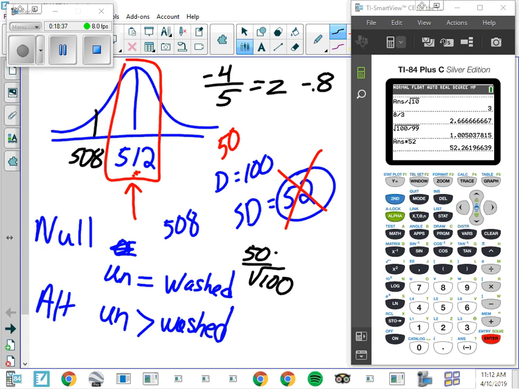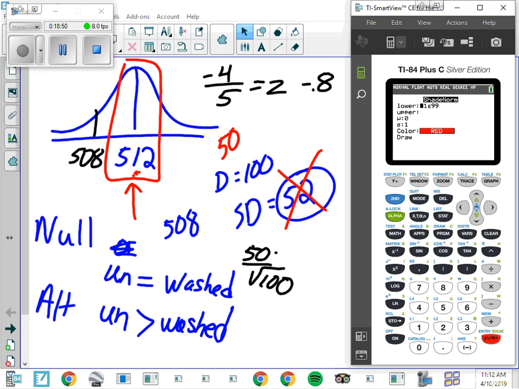Do I even need to bother with shade norm? Well, actually, if we want a p-value, we better. So what am I going to shade? What am I looking for here? What am I going to do with this? Any idea?